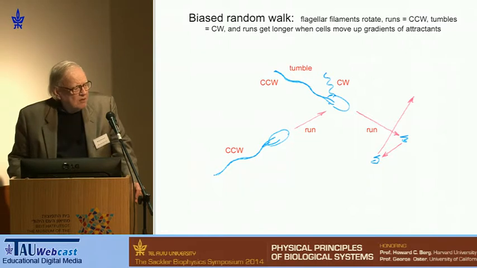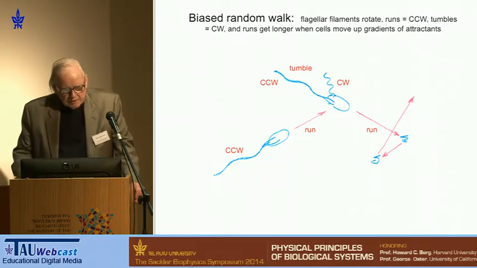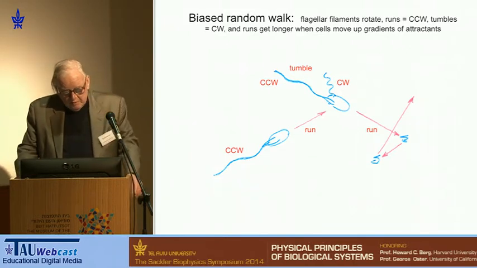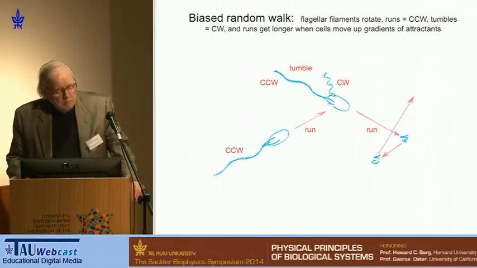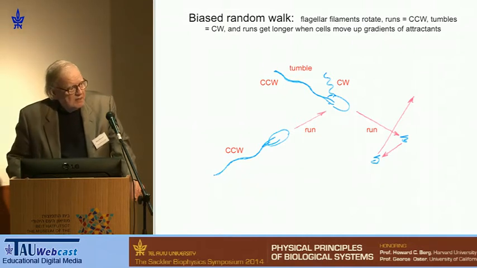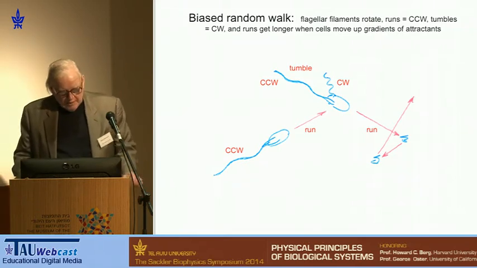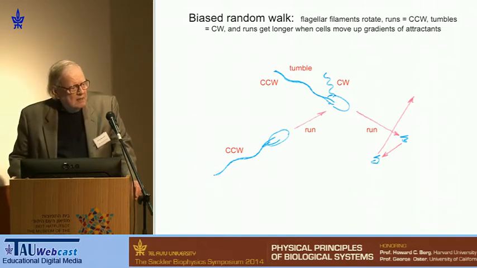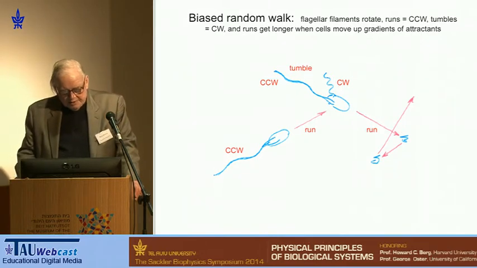initially from evidence already in the literature that had been misinterpreted or not interpreted that the bacterial flagella in fact rotate. They're driven at the base by a rotary engine. And when the several filaments on a cell are all going counterclockwise, if you look at them from the far end towards the cell body, they coalesce and form a bundle and work coherently to push the cell steadily forward during a run.